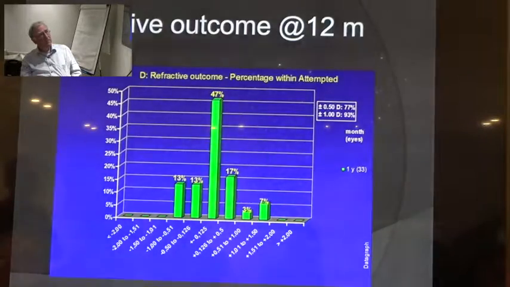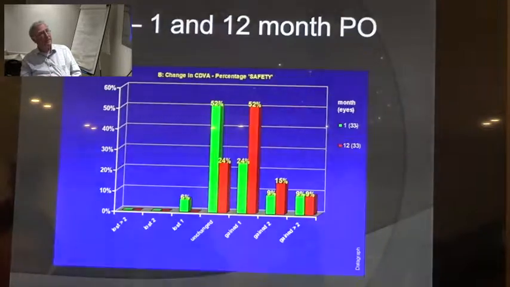The refractive outcome after 12 months: it was very quick, 47% within plus minus 0.5, but then 17% was gaining, but in 26% we lost a line.